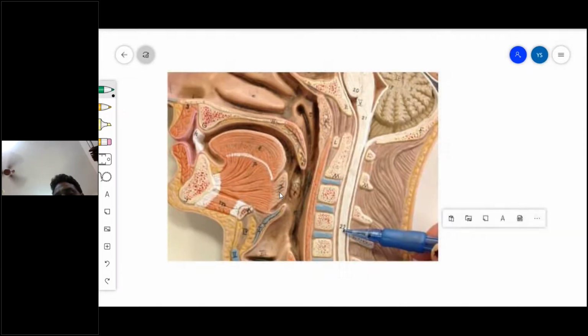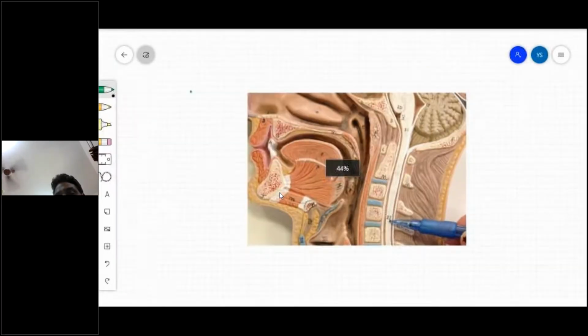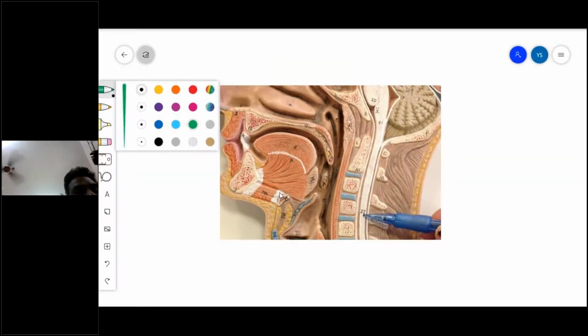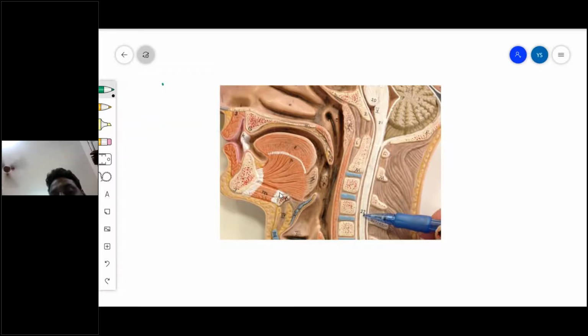I'm using the same picture for the oropharynx. With green dotted lines, I'm showing you the oropharynx.